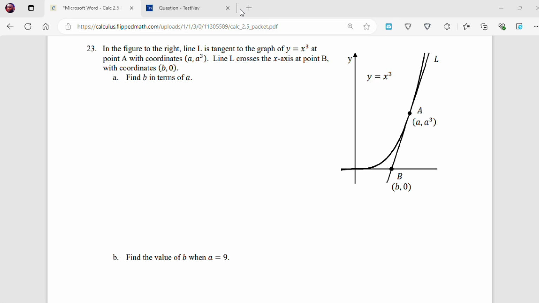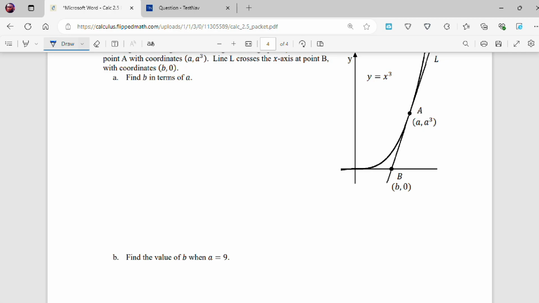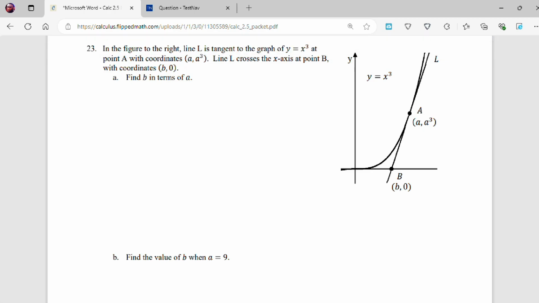So line L is tangent to y equals x to the third power, and at that point we have coordinates a, comma a to the third. Let's try doing a tangent line.